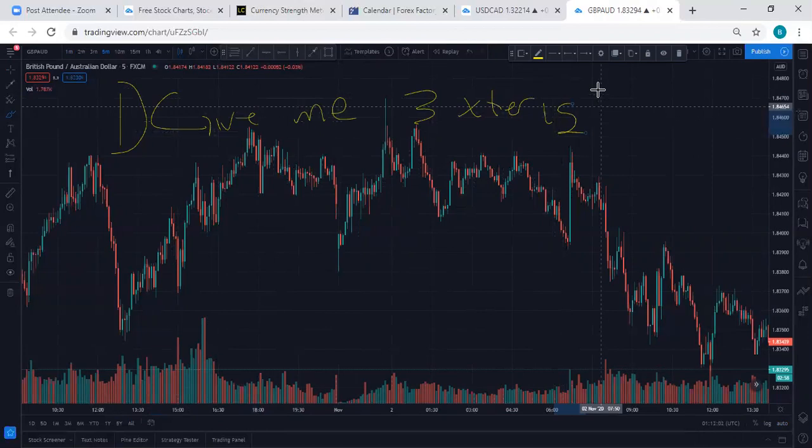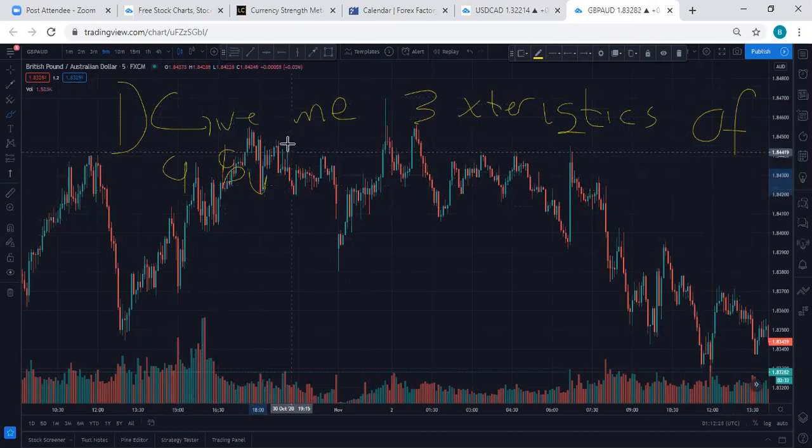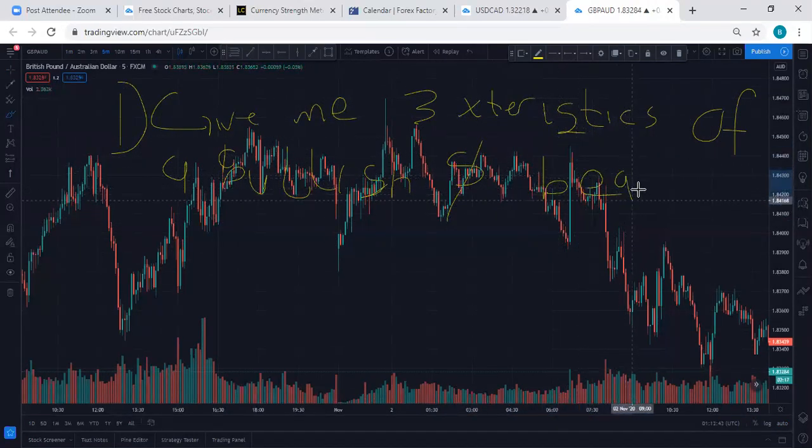I'm just writing it in a short form. 3 features, 3 unique features or unique characters of a bullish candle. Let me use bullish. 3 characteristics each of a bullish candle and bearish candle.